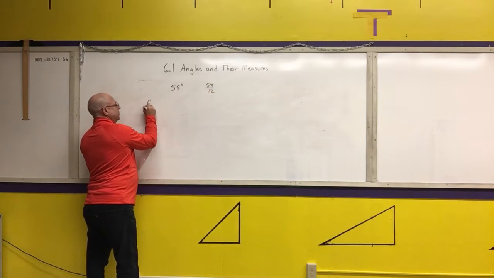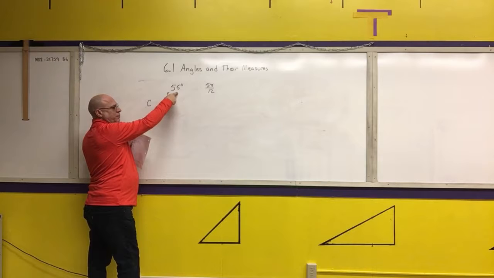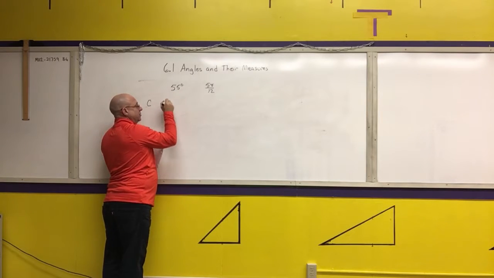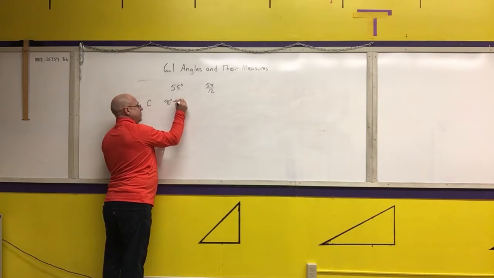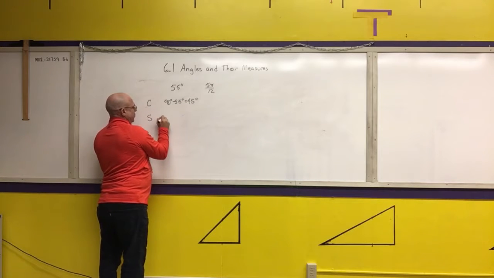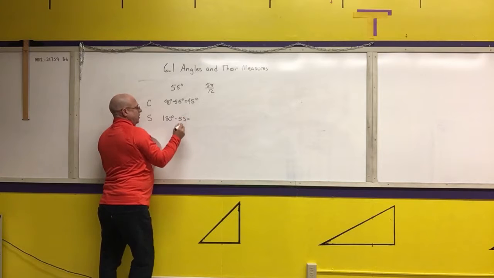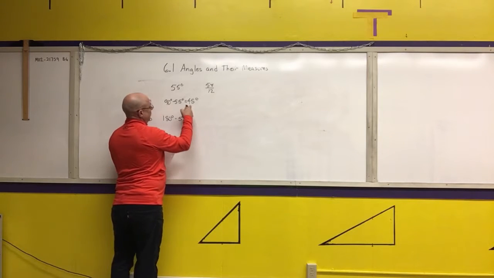The complement is what angle added to this gives me 90 degrees. So it would be 90 minus 55, which is 45. The supplement is 180 minus 55 equals 125, 130.